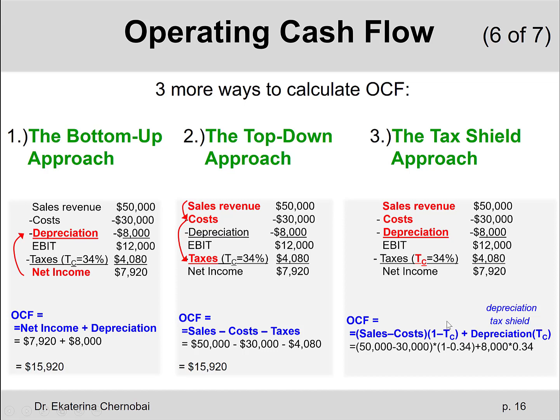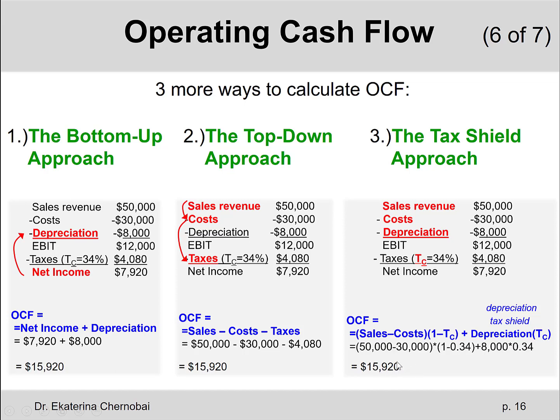If you put all numbers in this formula, so open parenthesis 50,000 minus 30,000, close parenthesis, multiplied by open parenthesis 1 minus 0.34, close parenthesis, plus 8,000 times 0.34, gives us $15,920.